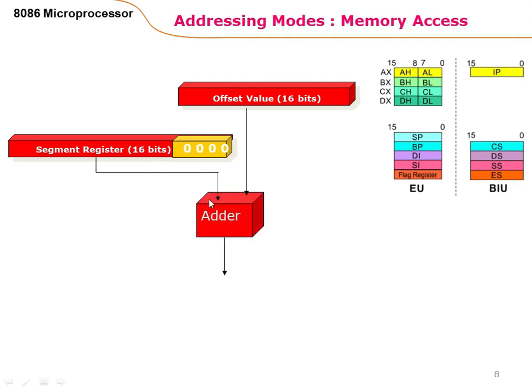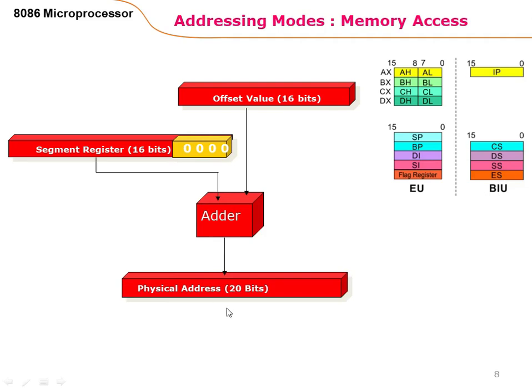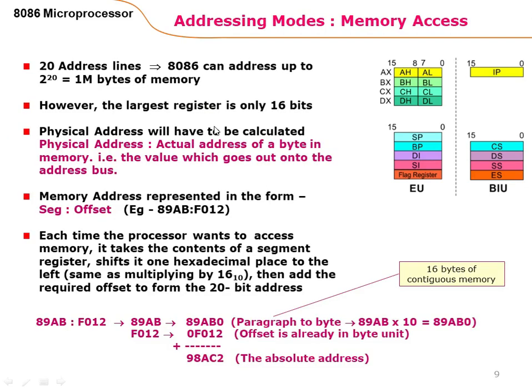Now these two values are added by the adder and the physical address of 20 bits is generated. The address bus of 8086 is a 20-bit address line, so it can access memory up to 2 to the power 20, that is 1 megabyte. The largest size of a register is only 16 bits, so to generate a physical address, we shift the segment register by 4 bits to the left and add it to the offset value.